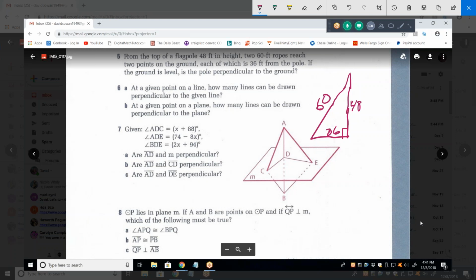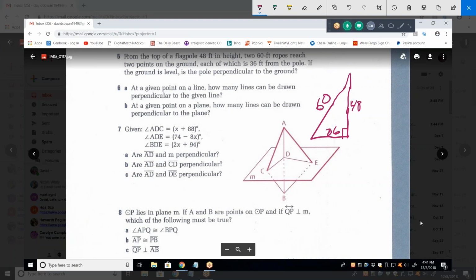So if it follows the Pythagorean theorem, not only does a right triangle have to follow the Pythagorean theorem, but the Pythagorean theorem, if it's true, dictates that that's a right angle. Works both ways. Most of these theorems that you're learning all work both ways.